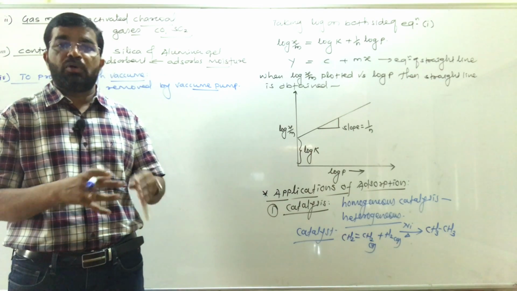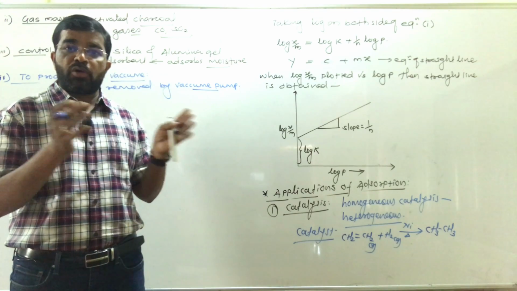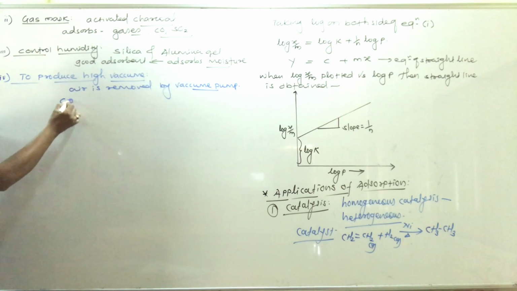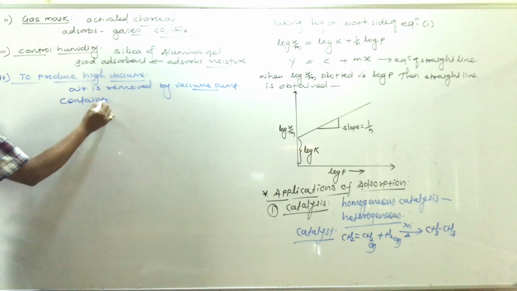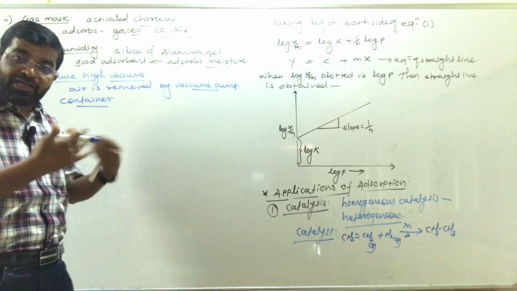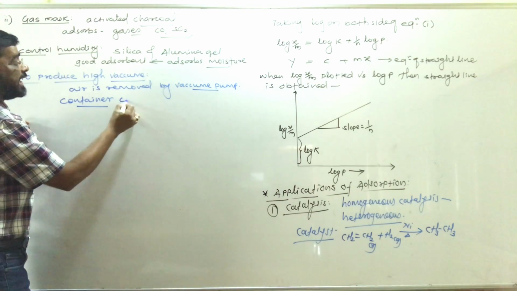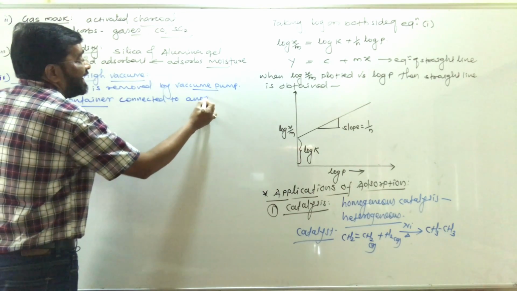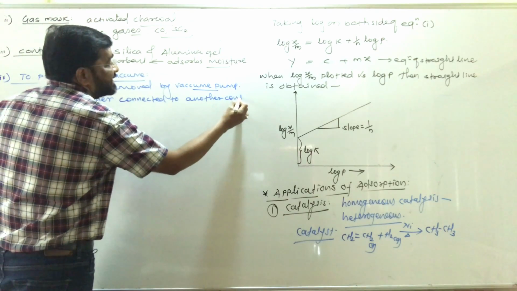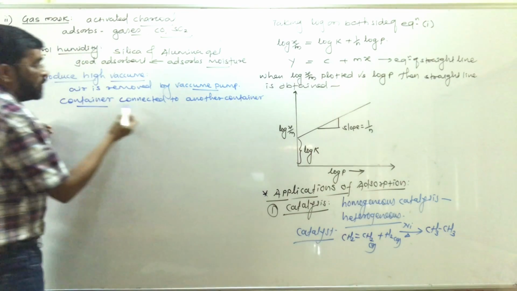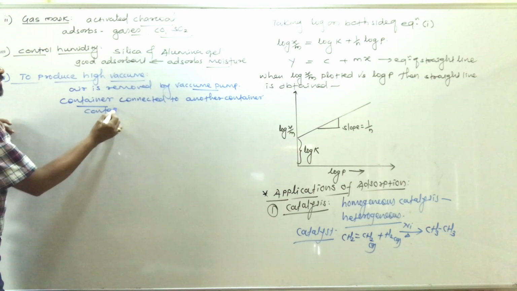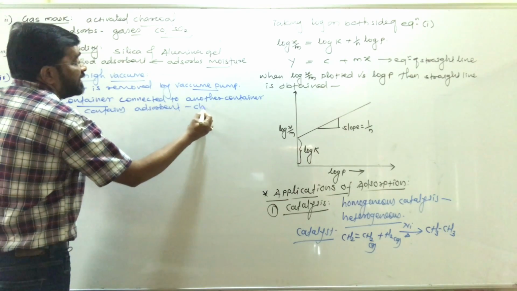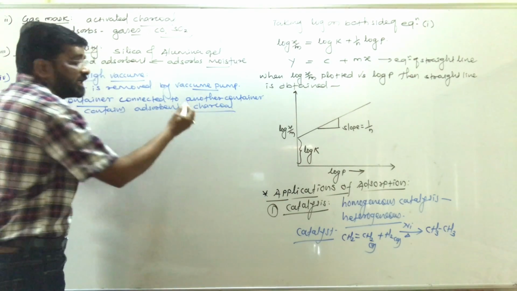Okay, from a cylinder, from a container, air is removed by using the vacuum pump, and then that container in which we have to produce the high vacuum is connected to another container or cylinder which contains the adsorbent like charcoal, activated charcoal.